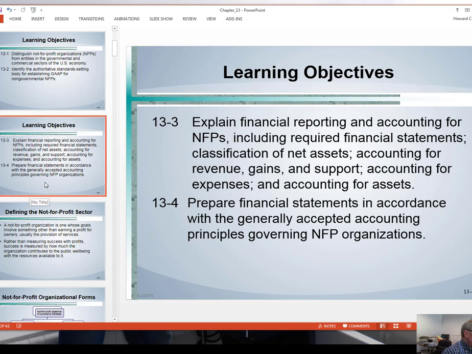Also, not-for-profits can have restricted assets and temporarily restricted assets, so you want to be familiar with those and basically that net position: unrestricted, temporarily restricted, and permanently restricted.